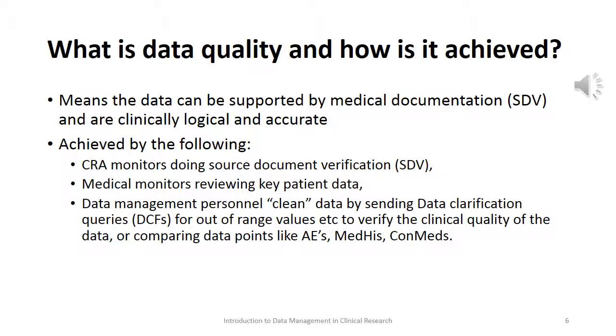So, for example, if we write down that a patient's blood pressure was 900/10, that's not very clinically logical. No one would ever have a blood pressure reading for that. So we've probably made an error when we wrote that down, even though we may have transferred it over to a case report form, and it can be verified with a source data verification method. It's still not medically logical. So we want to find those errors.